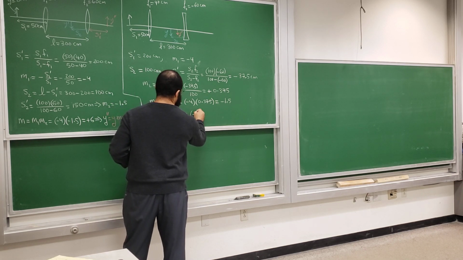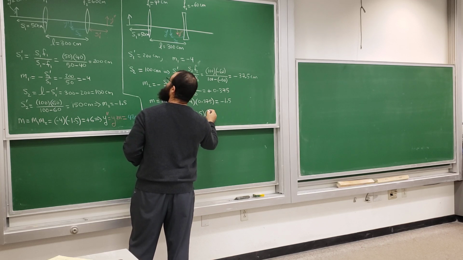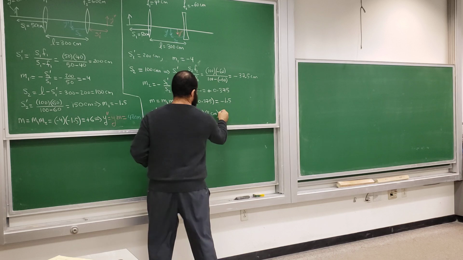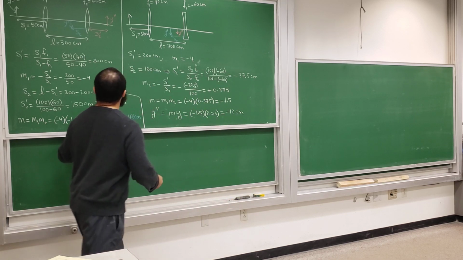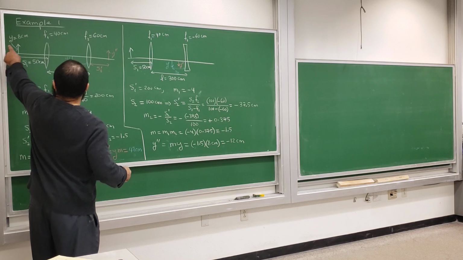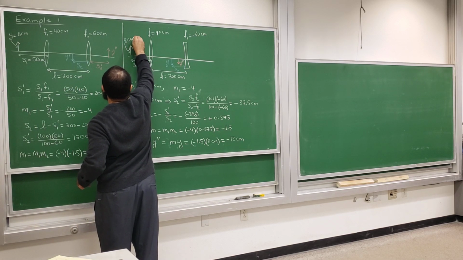Total magnification is minus 1.5. The original size is 8 centimeters. And so this will be minus 12 centimeters. The original object is still 8 centimeters.